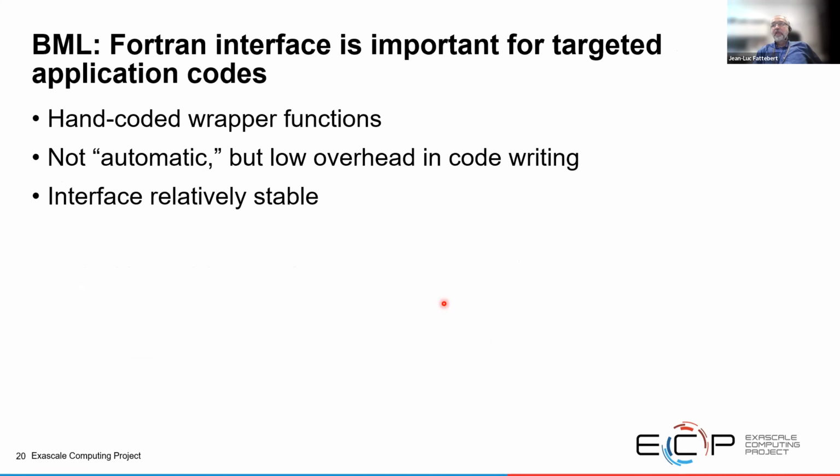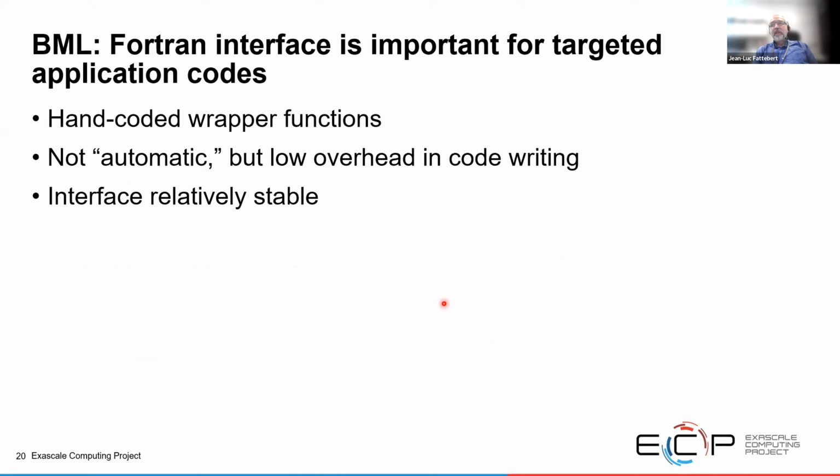The Fortran interface is a very important feature for our customers, for the user codes that are often written in Fortran. The way we offer this option is with wrapper functions around all the functions that are needed for this application code, or actually for the PROGRESS library.